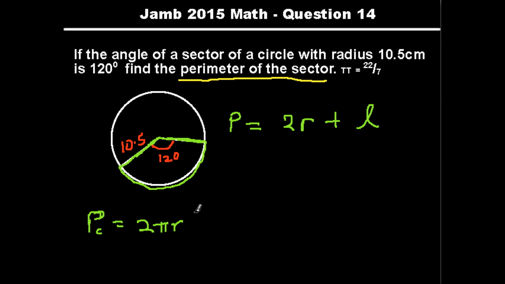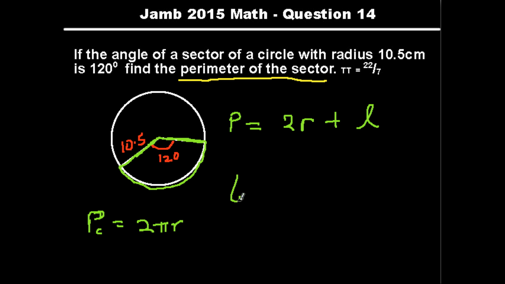If this arc is a third of the circle, then the arc length will be a third of the circle, and so on and so forth. And so based on that principle, we can take advantage of the fact that we are told that this arc has taken 120 degrees.